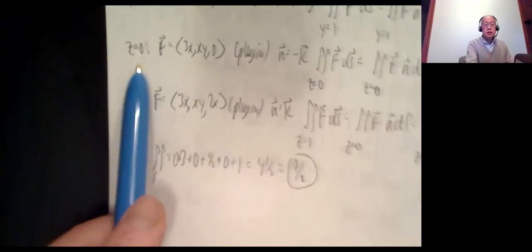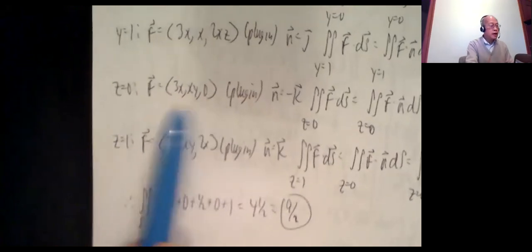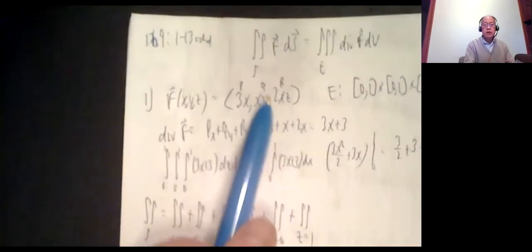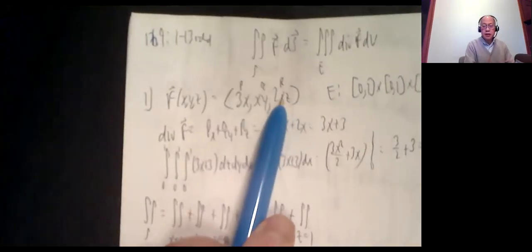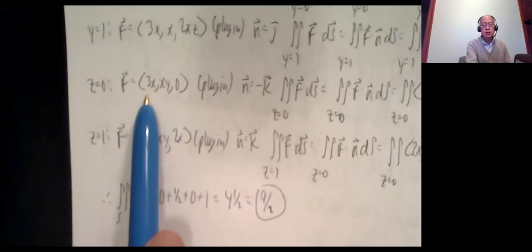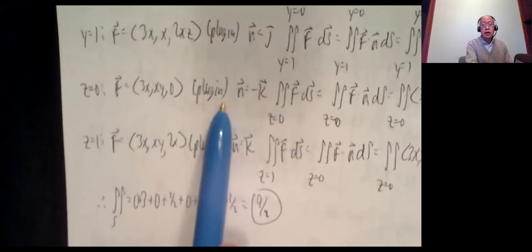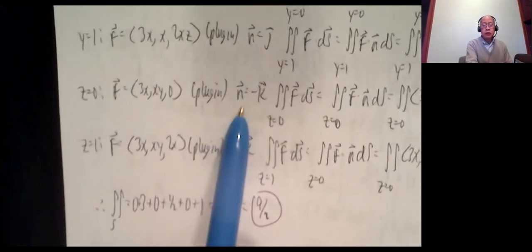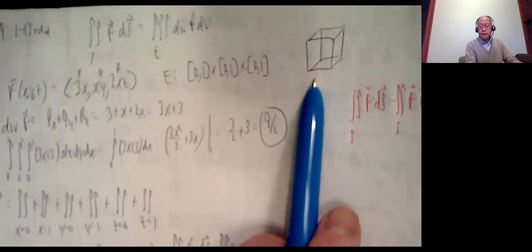Okay, then I have top and bottom. Bottom is z equals 0. Plug in z equals 0, I now have 3x, xy, and 0. That's my updated f function. The unit normal vector outward is negative k for the bottom. Think of the floor.